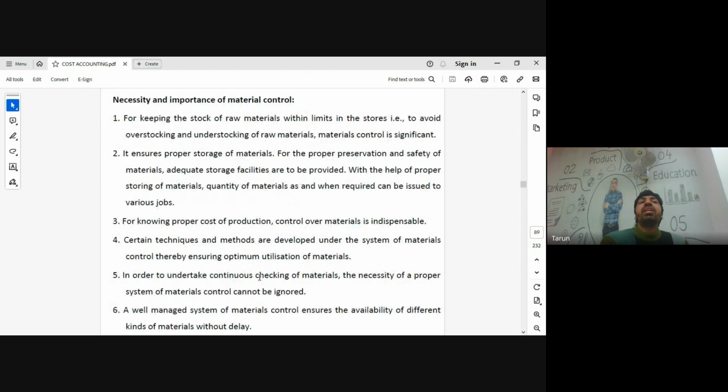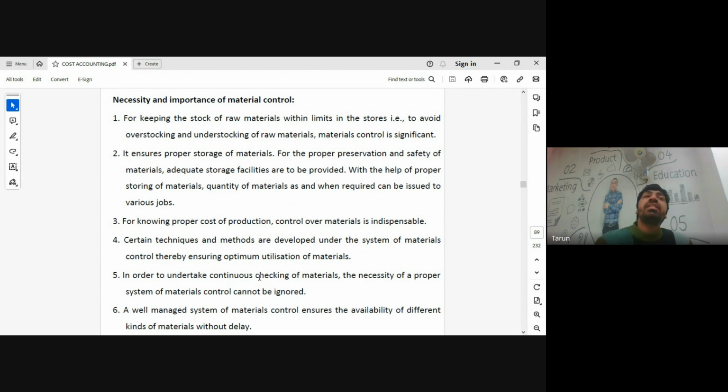Next are the necessities and importance of material control. First, keeping the stock of raw materials within limits in the stores so that it will avoid overstock. Next is to ensure the proper storage of materials. That's very true, that is how you maintain the proper preservation and safety of the material.